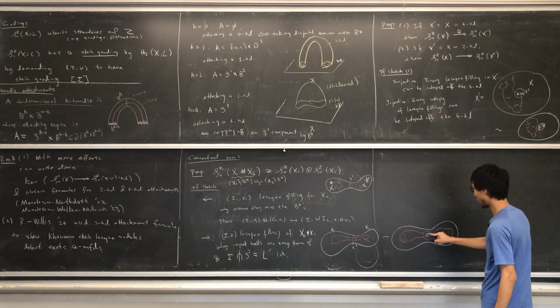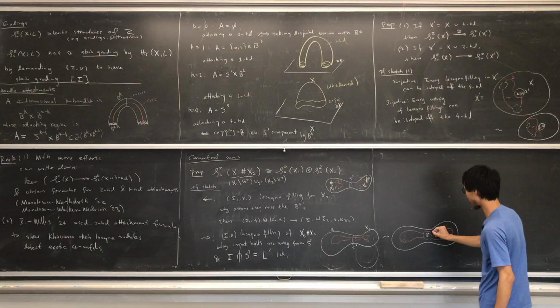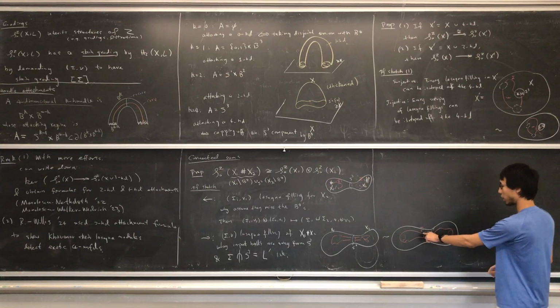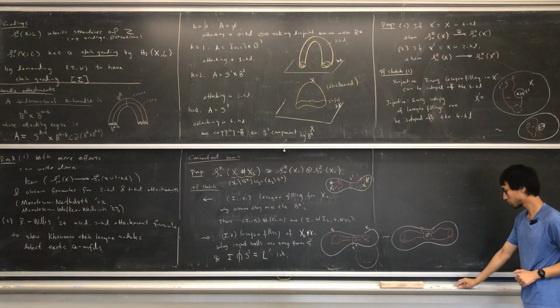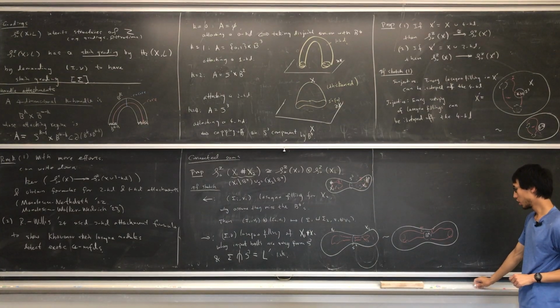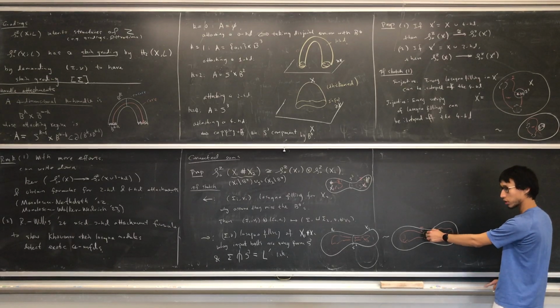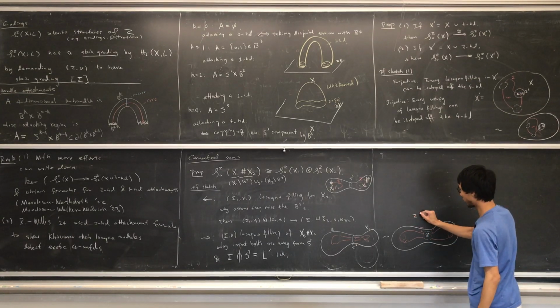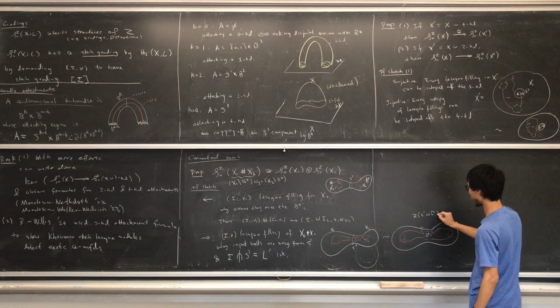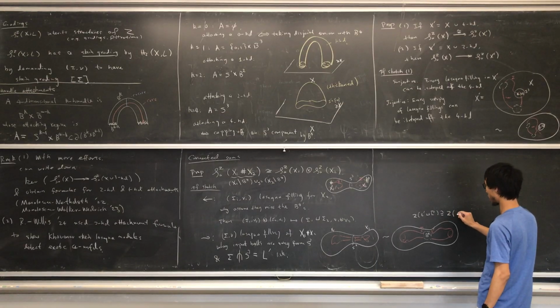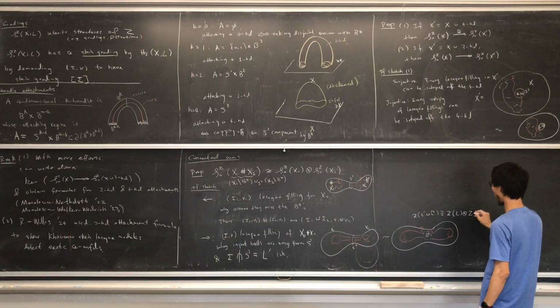Now here, the new boundary link becomes some L prime disjoint union L prime mirror image. But this input link is a split link. So if you remember, our monoidality condition tells you that if you have a split link, the link homology is going to be a tensor product of the factors.